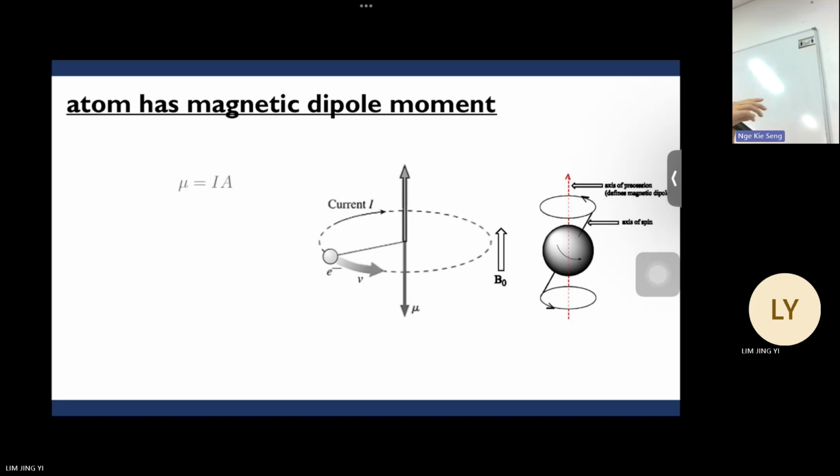This is the closest approach of how the electron rotates around the nucleus. From electromagnetism, any moving charge generates a magnetic field, so we can perceive the electron as a bar magnet, but at the atomic scale. And how do we determine the magnetic dipole moment? It is the product of the current and the area of the circle covered by the electron.